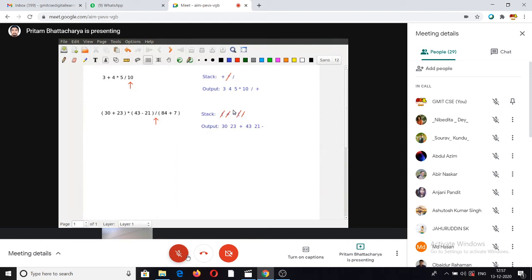Here the top of the stack has star, that is multiplication, and the current operator I am looking at is division. So it is not strictly greater in terms of precedence.